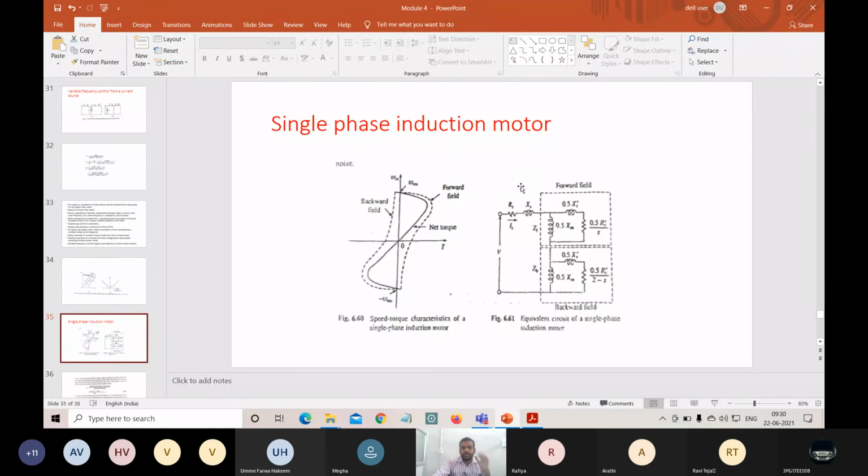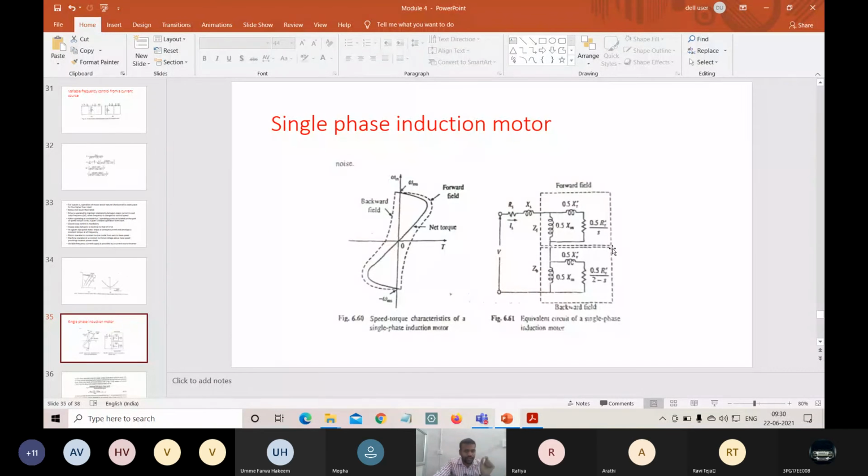Okay, so after the forward field, the next thing is the reverse field. The single phase induction motor is operating in two fields, one is the forward field and the other is the backward field. In the backward field, the slip will be 2 minus s.